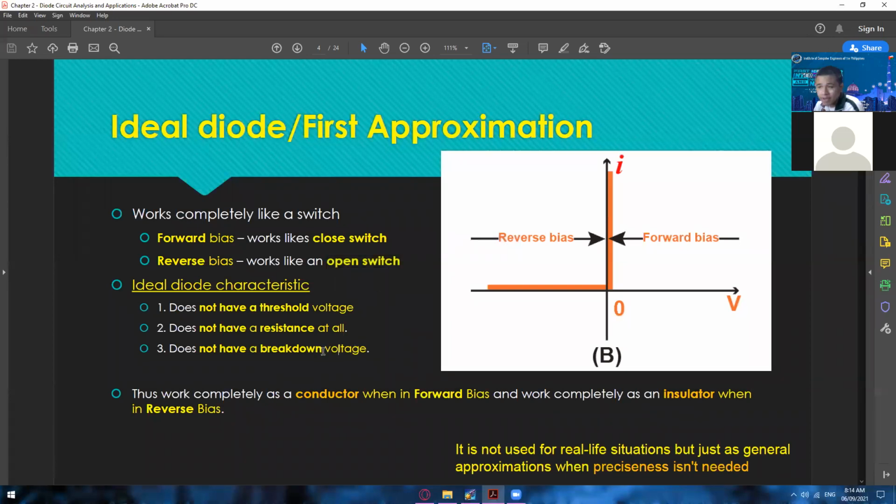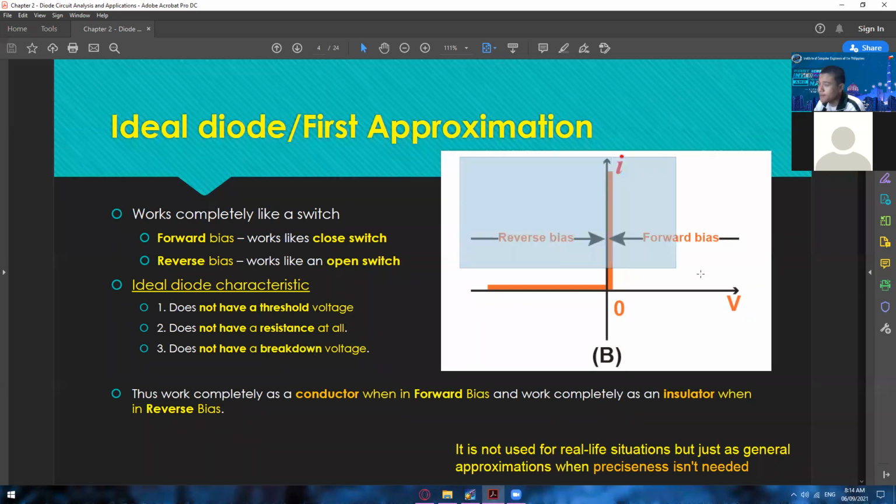But if you have a super high voltage source, there is a chance that it will reach this breakdown voltage, and current will now flow in that circuit. So it doesn't work like an open switch anymore, but like a closed switch. We'll talk about this breakdown voltage soon, but for now we don't have an example for this one.